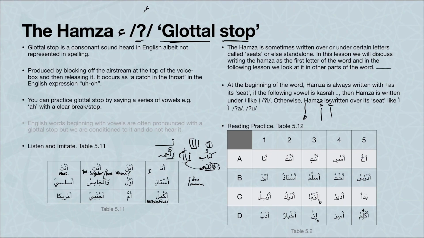Any question about hamza? Hamza at the beginning of a word is very easy. It usually assumes the alif as a seat, but inshallah, tomorrow we're going to have scenarios where it assumes different seats, the waw or ya.